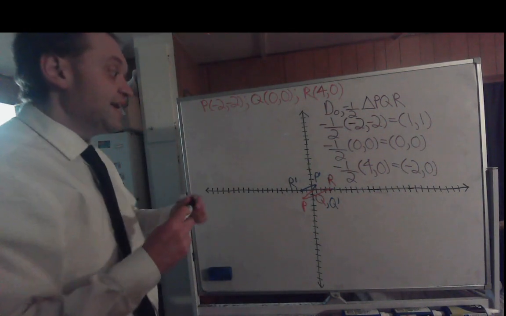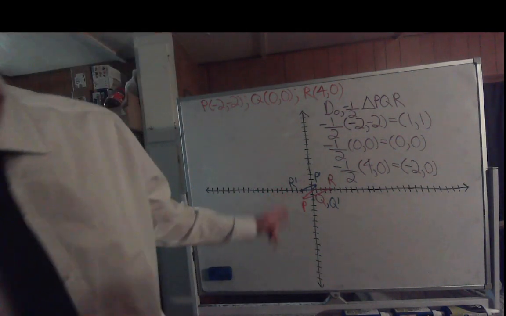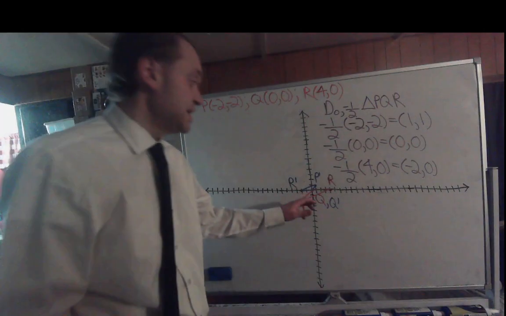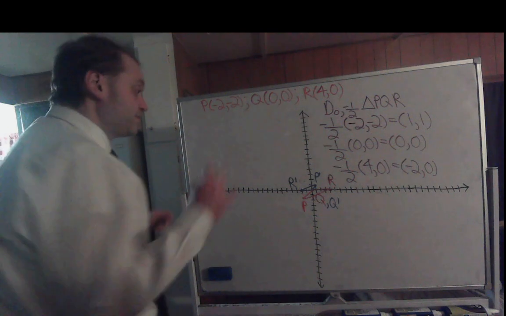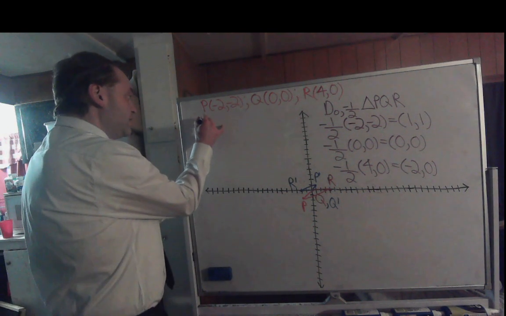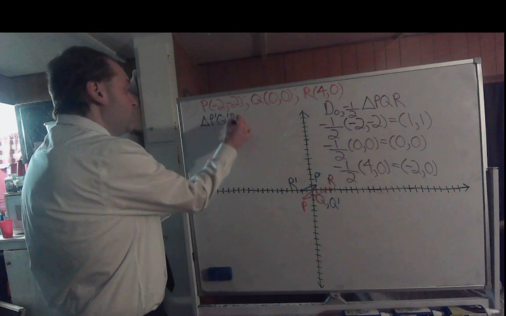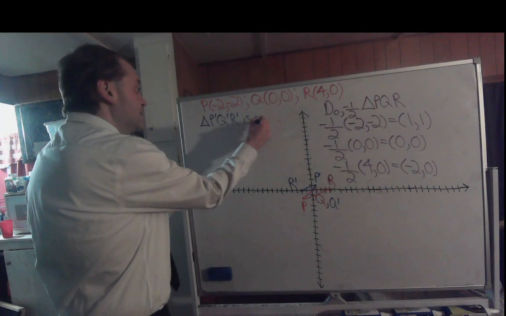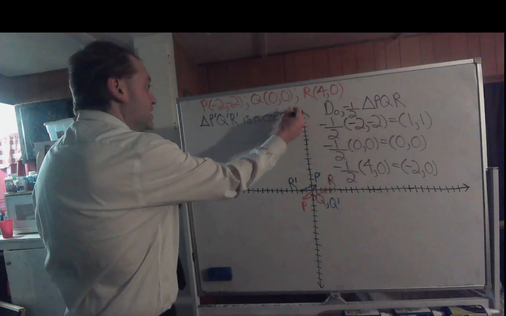And that's a very itty-bitty little triangle, isn't it? But it definitely still reflects in the line y equals -x. So we can for sure say that triangle P prime, Q prime, R prime is a contraction from the previous triangle, right?